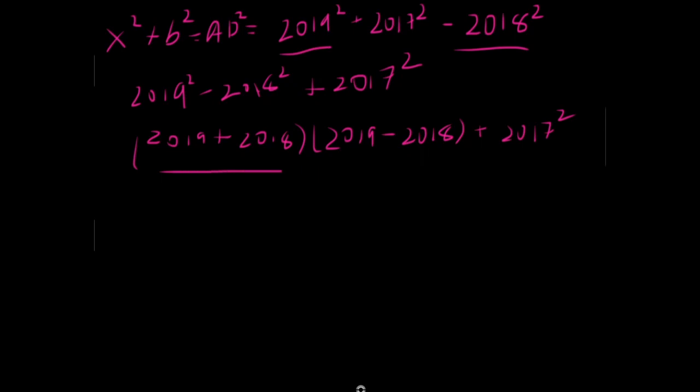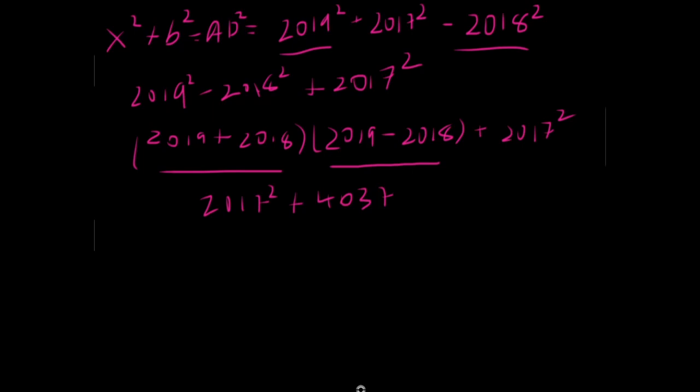So this becomes 4037, and this becomes just 1. So it's 2017 squared plus 4037. So it's pretty clean already, but I think we can go even further.